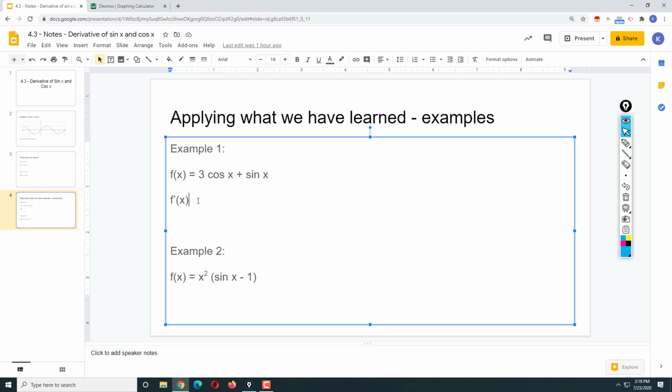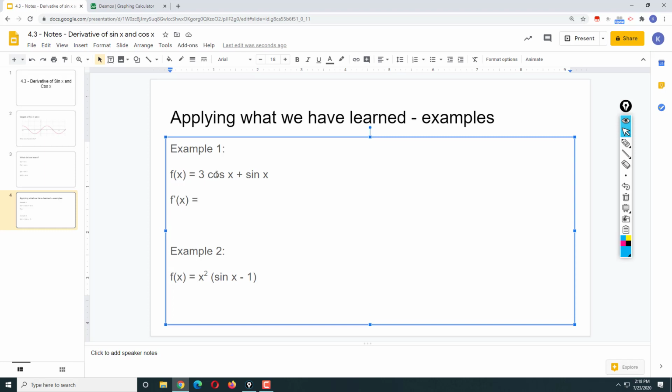Example 1. If f of x is 3 cosine x plus sine x, what is the derivative? We know from the last unit that we can just find the derivative of each term, and then add them up, because the derivative of a sum is the sum of the derivatives.